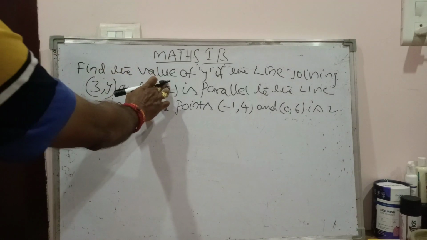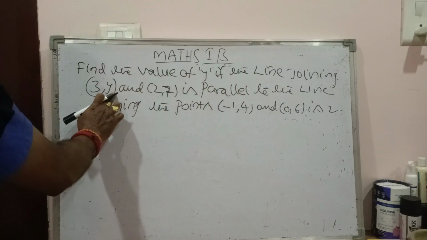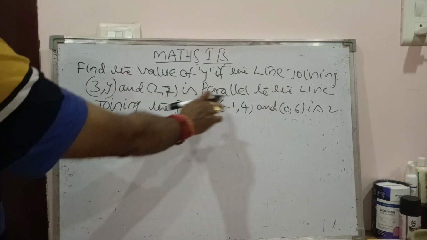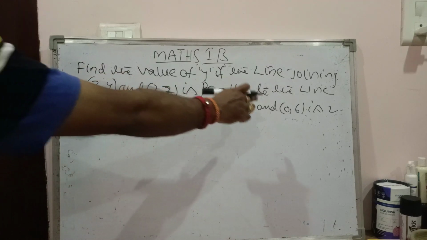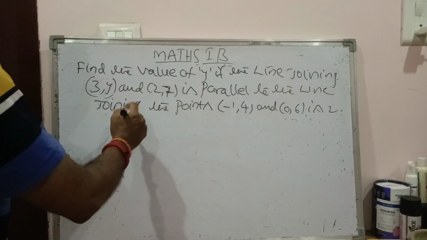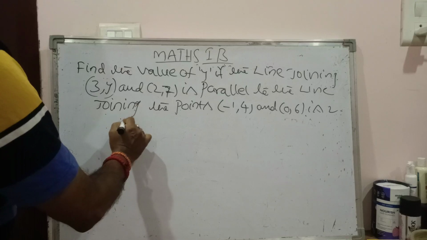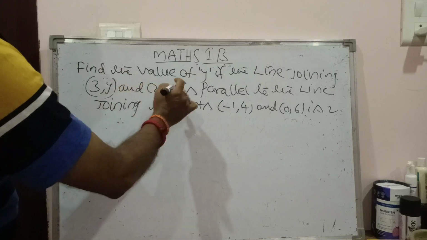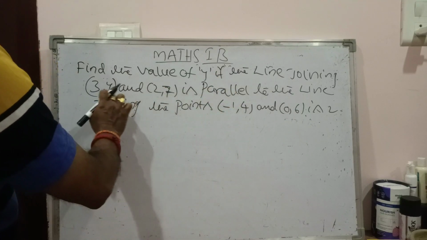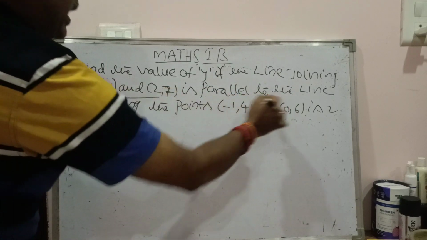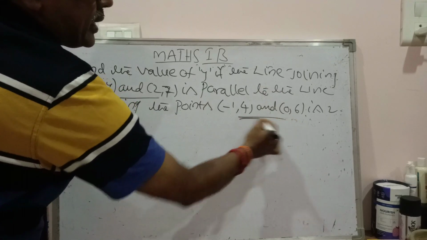Find the value of y if the line joining (3, y) and (2, 7) is parallel to the line joining the points (minus 1, 4) and (0, 6). It is given that the line joining these 2 points is parallel to the line joining these 2 points.